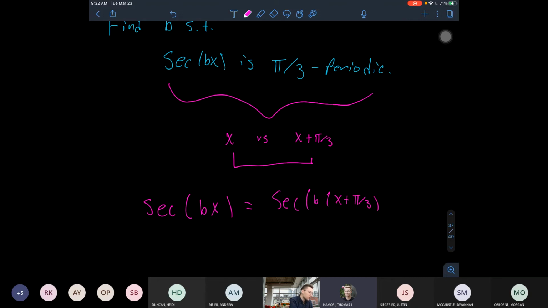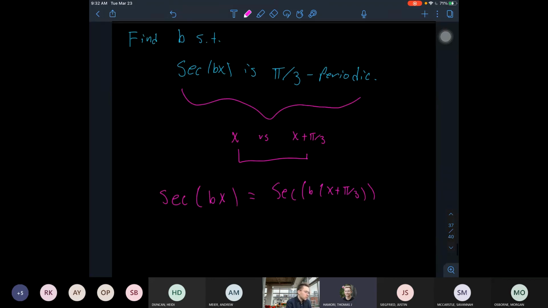And I do need to remember to treat this as its own number, such that it should be multiplied entirely by the b. Okay, so this is the relationship that I want to be true.